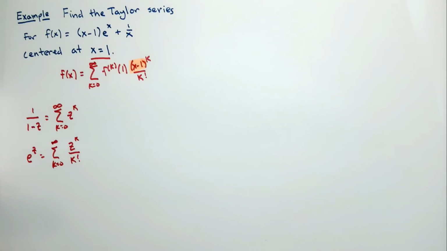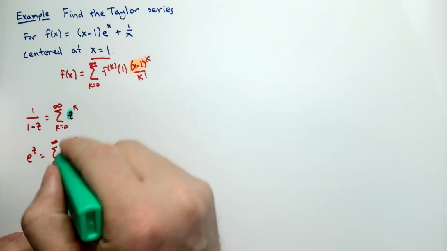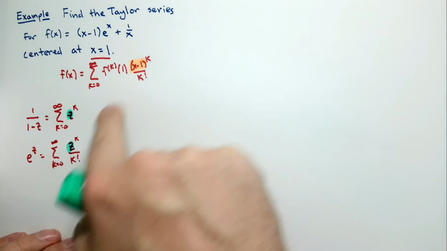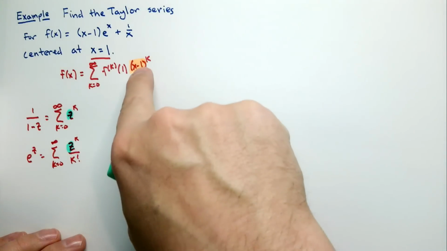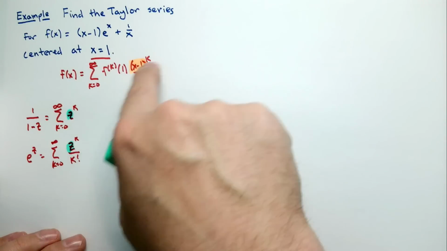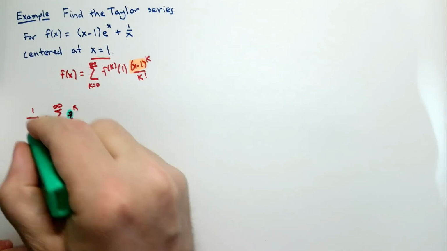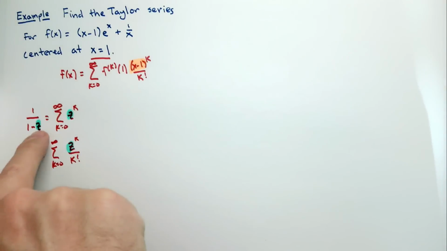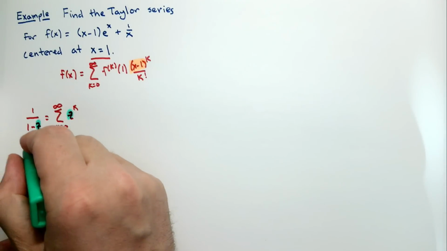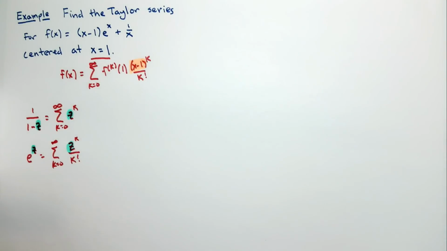Let's keep this in mind when thinking about how to do our manipulation. We want the part to the k power here to involve x minus 1, because I want to end up with things that look like x minus 1. That's our mindset coming in here. So I need to make things look like x minus 1 showing up over here and x minus 1 showing up over there.